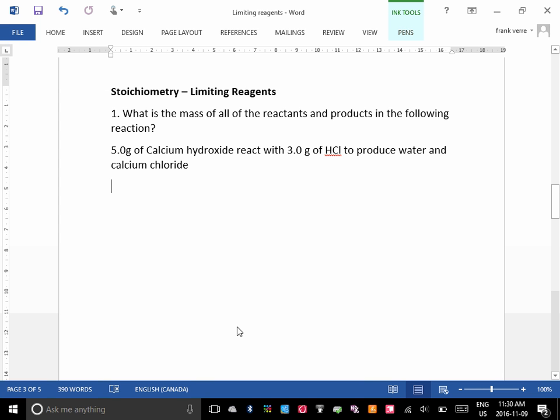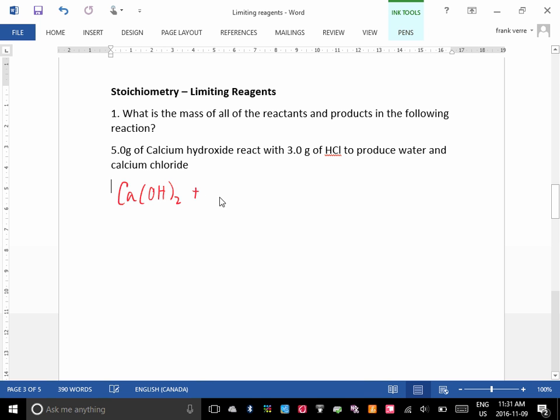Well, before we even get to that, what's the first thing we should do? Yeah, let's write out the equation, okay? So, calcium hydroxide, Lauren. What's hydroxide's formula and charge? So then, calcium hydroxide is Ca(OH)2.